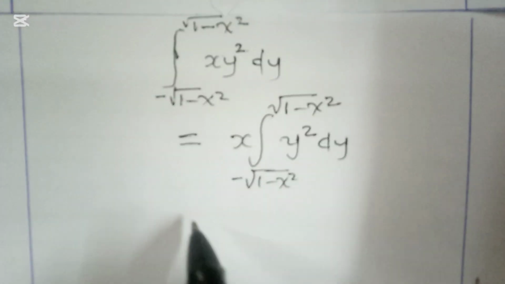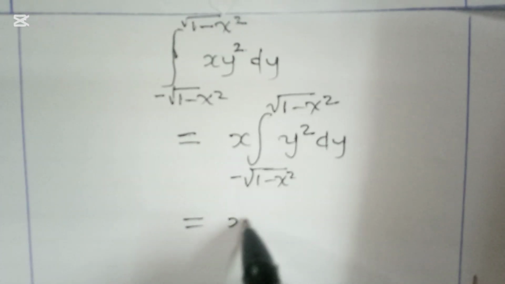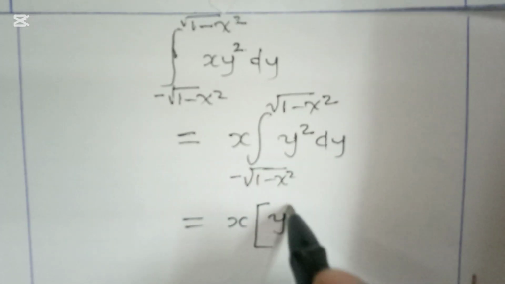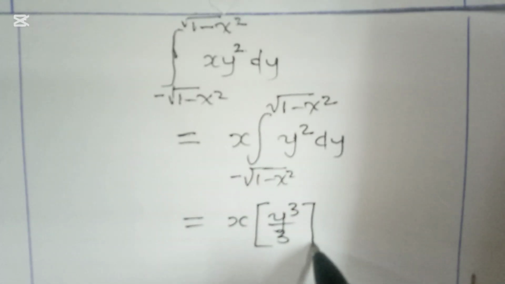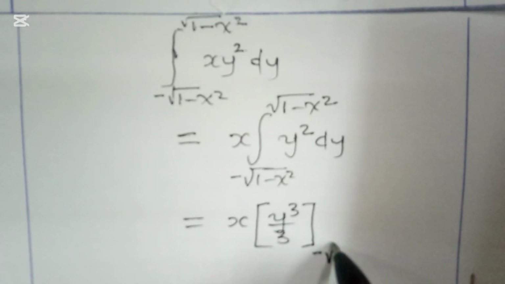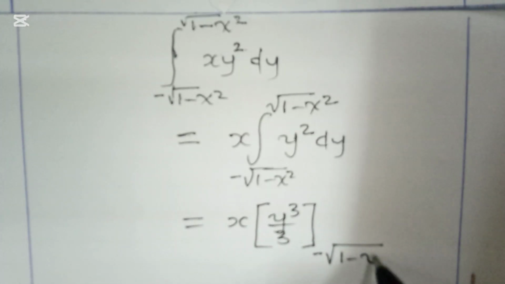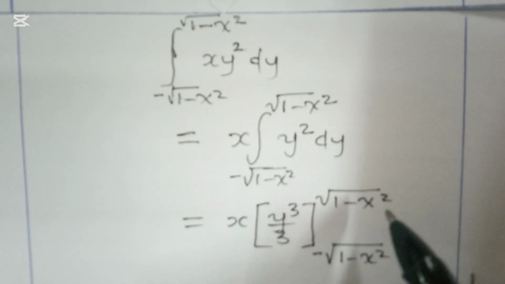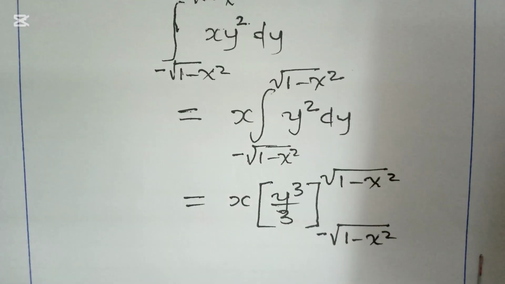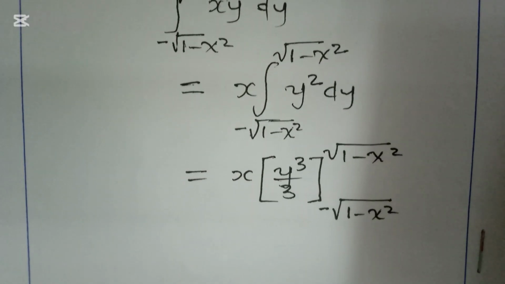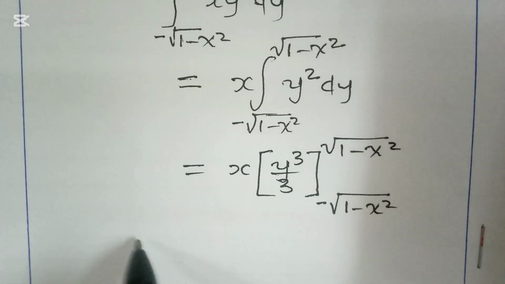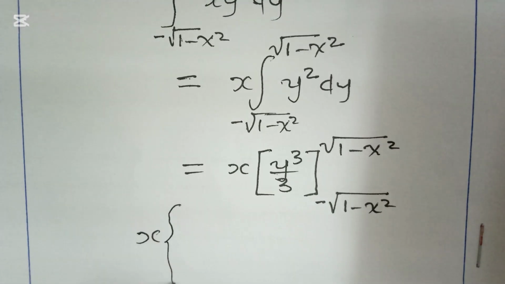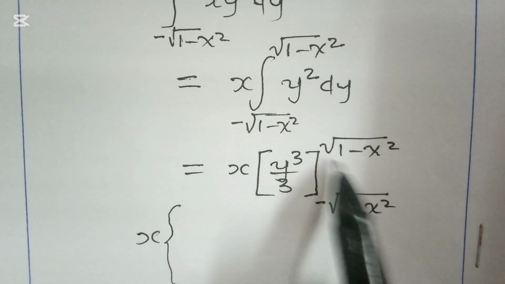When we integrate that, x remains outside, and then we have the integration of y squared, which is y cubed all over 3, and the limits are negative square root of 1 minus x squared to square root of 1 minus x squared, that is the upper limit. So we continue. I put my x here, and then I replace for y cubed, beginning with this.